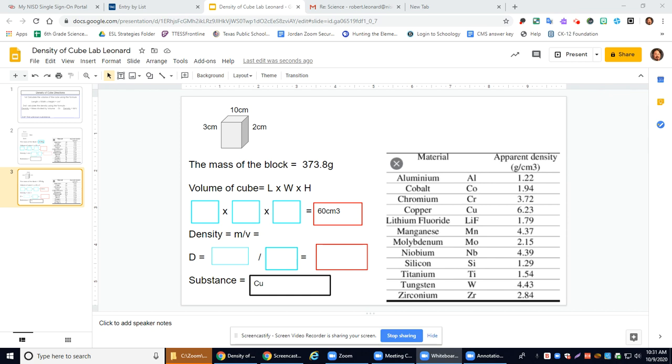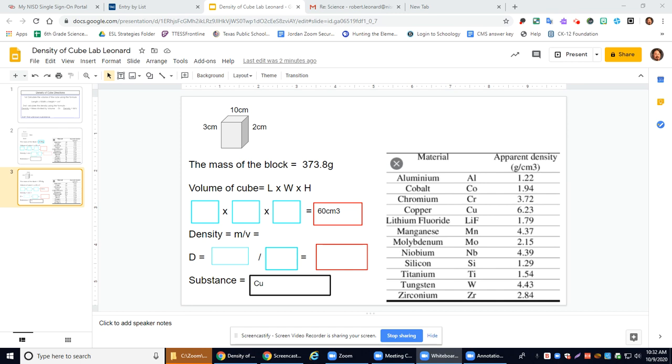Let's go ahead and write the formula. Volume is equal to my length, which is 3, times my width, which is 2, times my height, which is 10. 3 times 2 is 6, and 6 times 10 is 60. 60 what? 60 centimeters cubed.